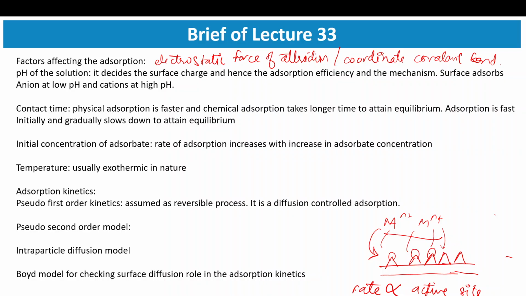So the rate will reduce because it will have to search for the vacant active sites. As the vacant sites reduce, the rate of adsorption reduces, and there will be a time when all the active sites are consumed. So initially it is very rapid adsorption, which gradually slows down and equilibrium is attained.